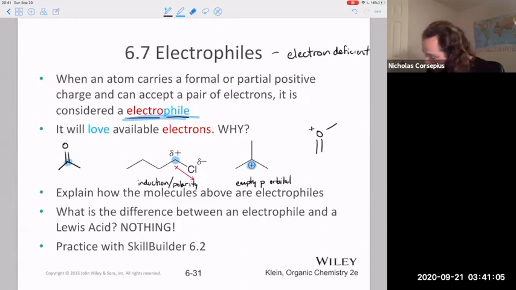So really what's key about this carbocation is the fact that it has an empty p orbital. That's what's going to make it a good electrophile. It can accept electrons. And it is, again, just a Lewis acid. Like the terminology is one and the same. It is something that can accept a pair of electrons.